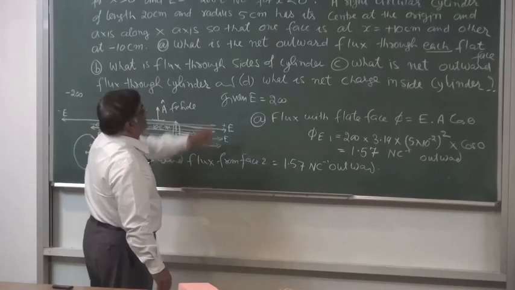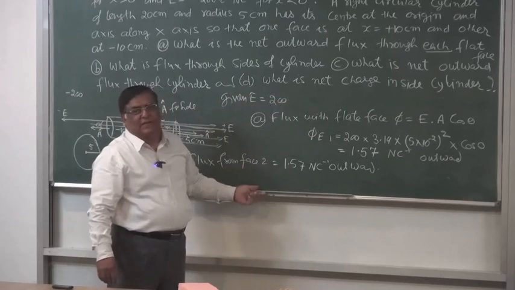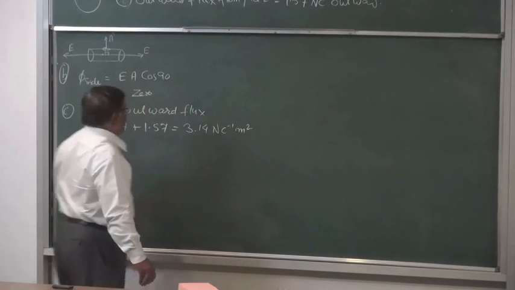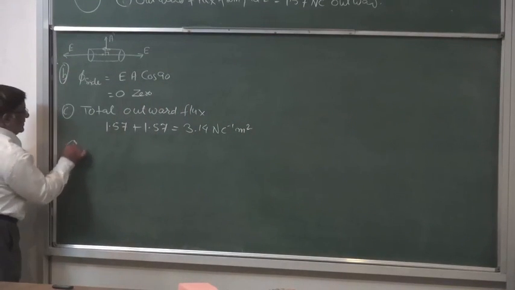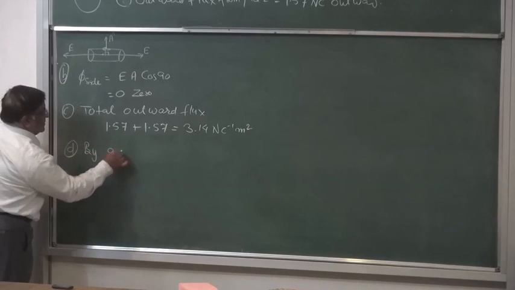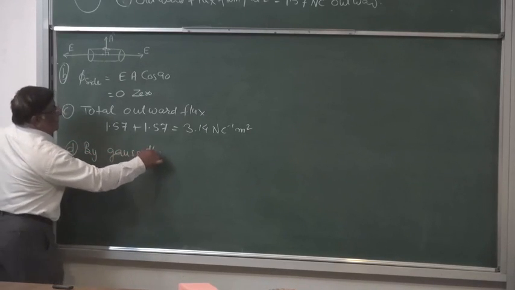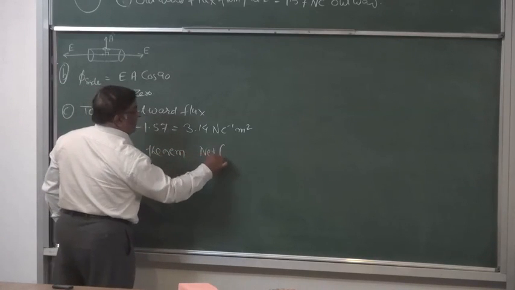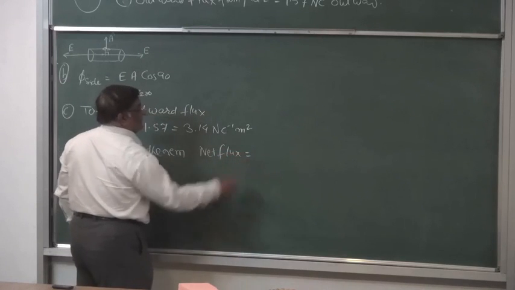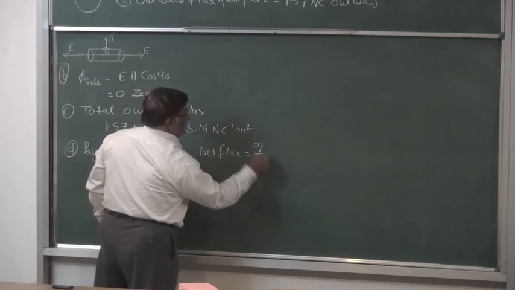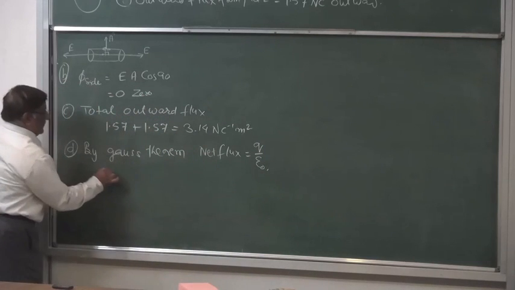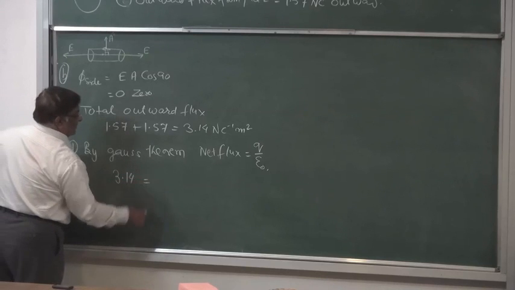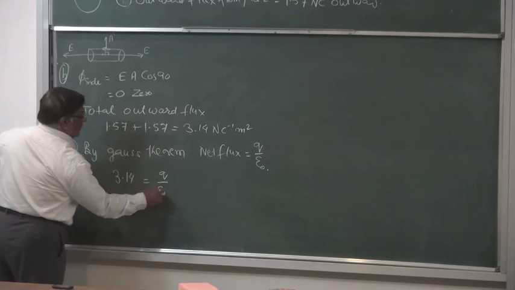Now, last question. What is the net charge inside the cylinder? How do we connect charge with the flux? Answer, Gauss theorem. By Gauss theorem, net flux is equal to Q upon epsilon naught, and net flux is 3.14. So this is equal to Q upon epsilon naught.